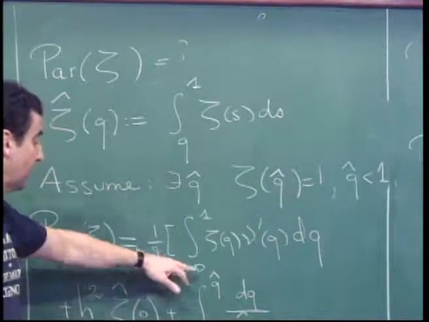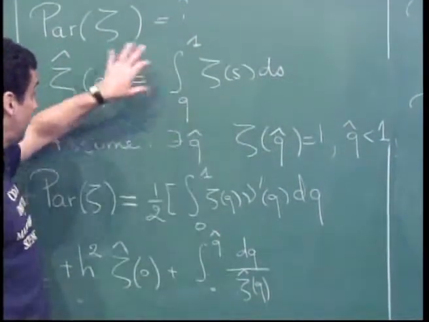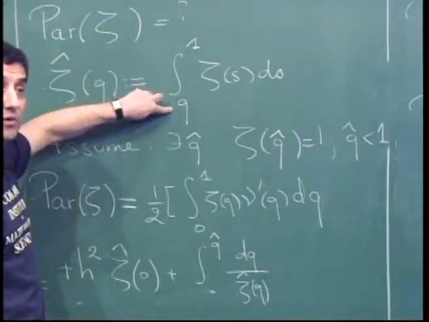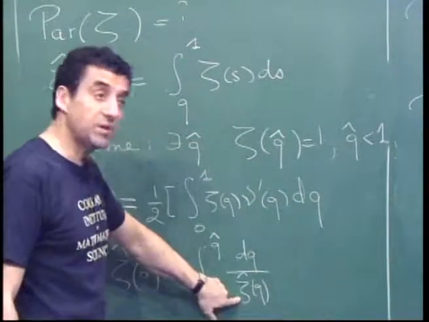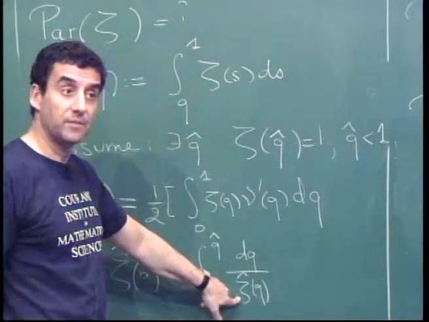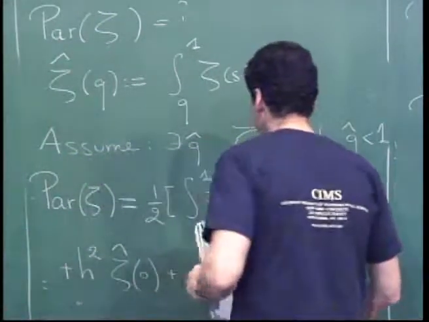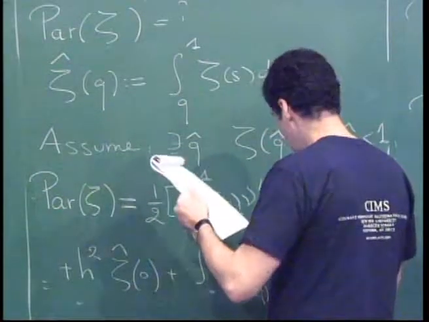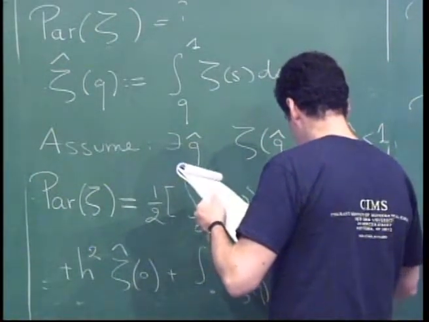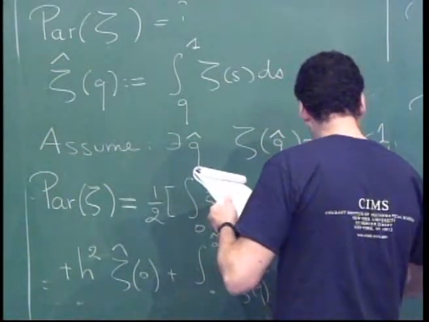So why is it useful here that q hat doesn't touch 1? Zeta hat of q, of course, is 0 when q goes to 1. So this thing would be a problem when you're close to 1. Plus log of 1 minus q hat.